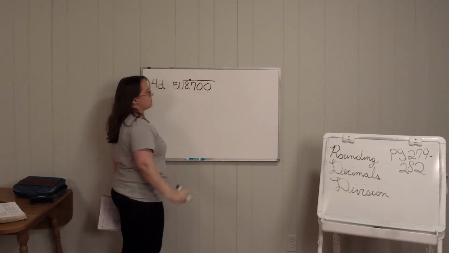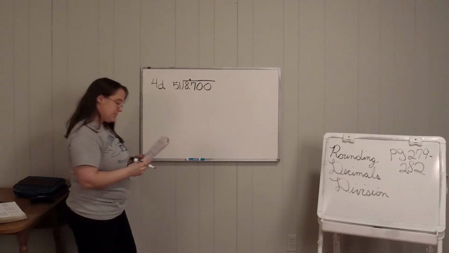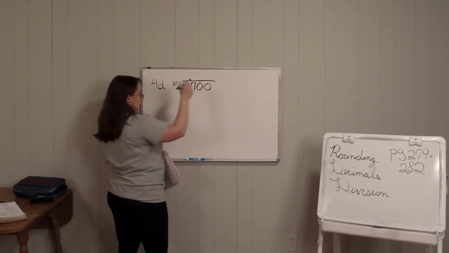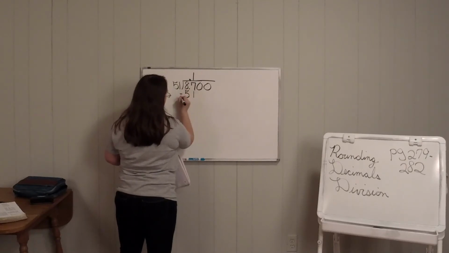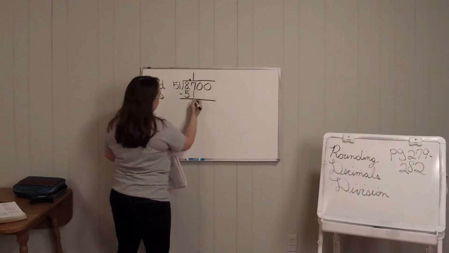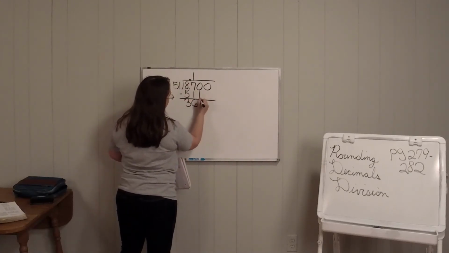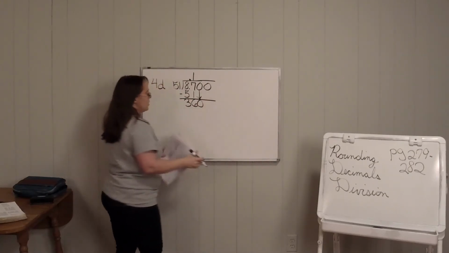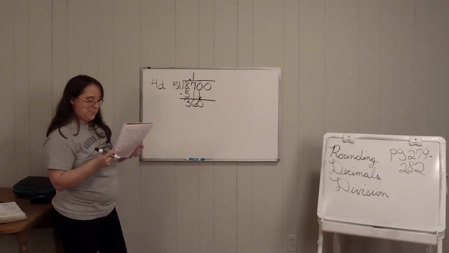Go ahead and put your decimal at the top. How many times is 51 going to go into 87? It's going to be 1 time. 7 minus 1 is 6. 8 minus 5 is 3. Bring down that 0. So now you have to figure out how many times it can go into 360.